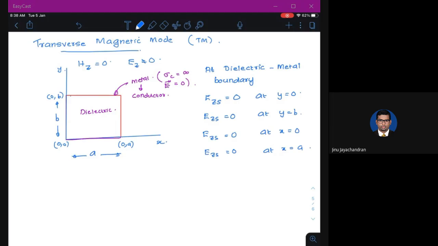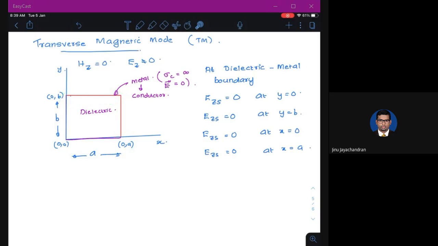Actually, in fact, instead of specifying that at Y equal to 0, you can say that at this boundary, for all y between 0 and b, the electric field component is 0. Or at this side, for all x between 0 and a, the electric field component is 0. Similarly, for all y between 0 and b at x equal to a, the component is 0.